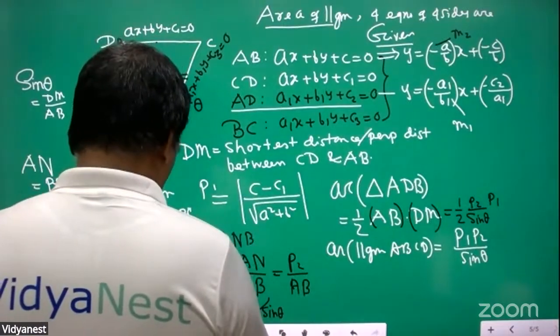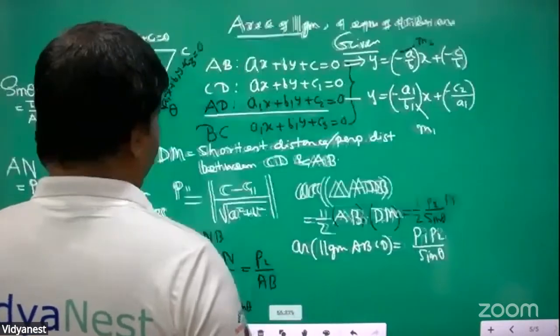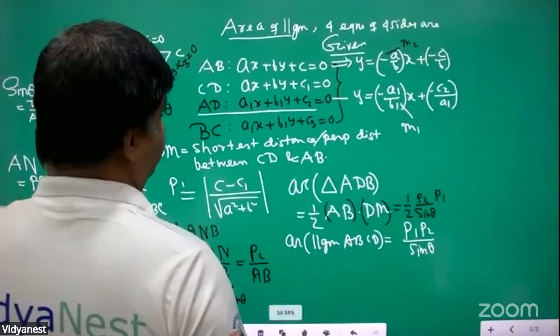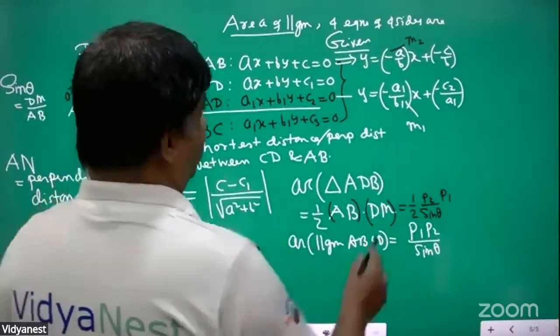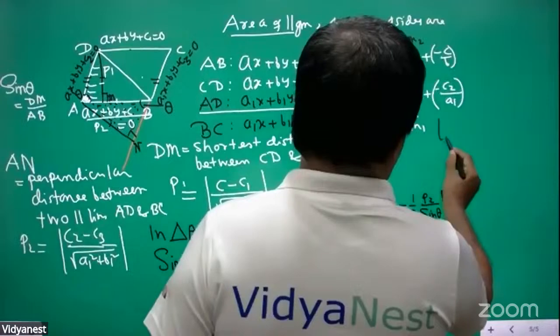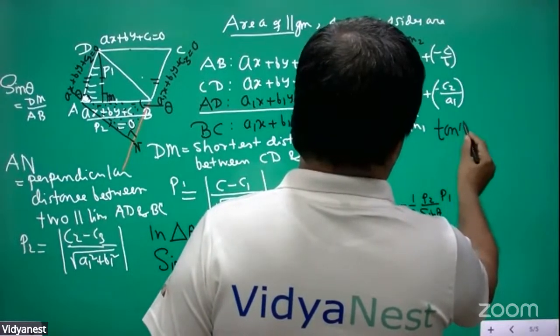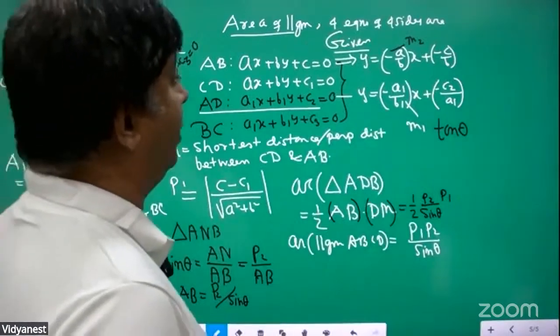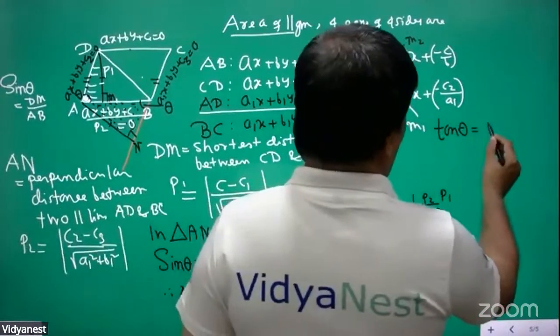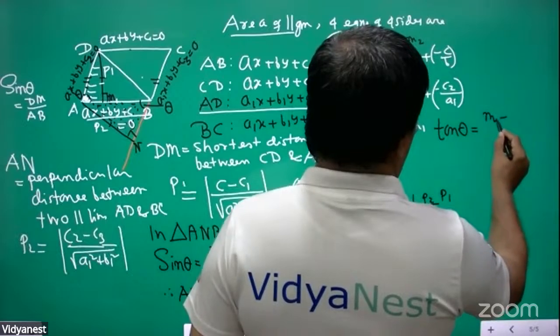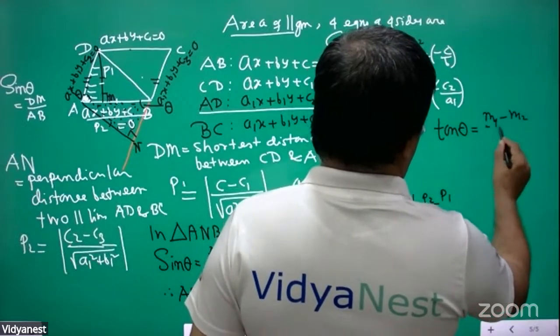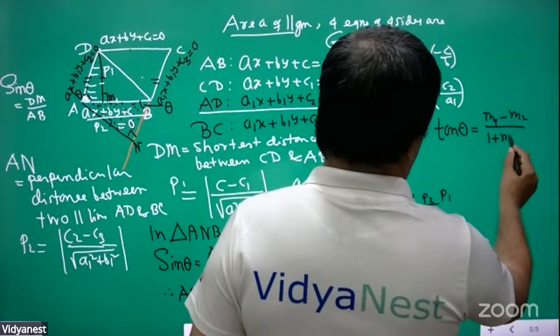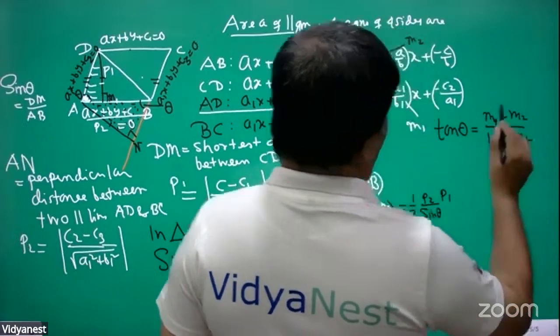Now, you find tan theta over here. Tan theta is M1 minus M2 by 1 plus M1 M2.